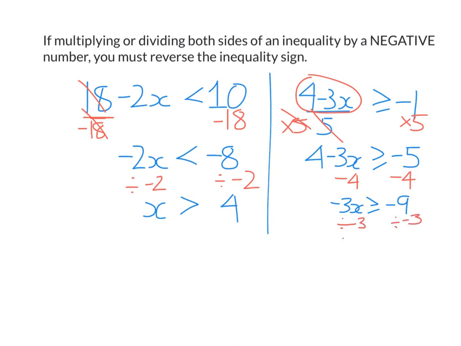So I get x on one side, minus 9 divided minus 3 is positive 3, but because I divided each side by a negative, I need to reverse the inequality. So from being a greater than or equal to, now it's a less than or equal to. And this is the only thing you do differently when solving inequalities than solving normal equations.